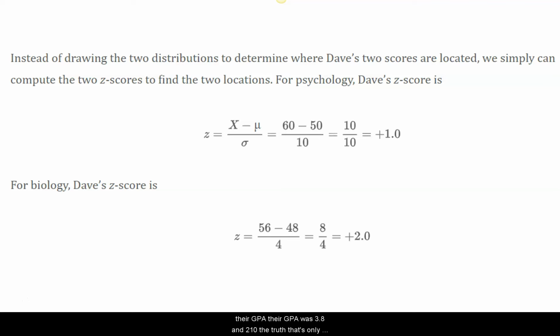Tell me about their GPA. Their GPA was 3.8, and to tell you the truth, that's only 1 standard deviation above the mean. So I could say, well, geez, their GPA was pretty good at 1 standard deviation above the mean, but the ACT score was even more impressive at 2 standard deviations above the mean. And if I knew the parameters, the means and the standard deviations, I could compute that, although the raw numbers themselves don't necessarily tell you that.